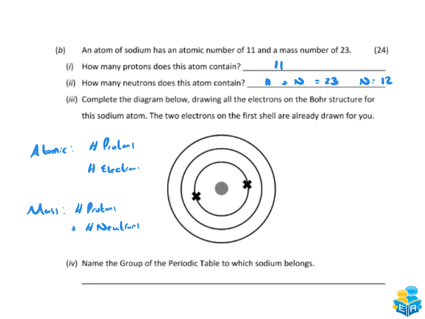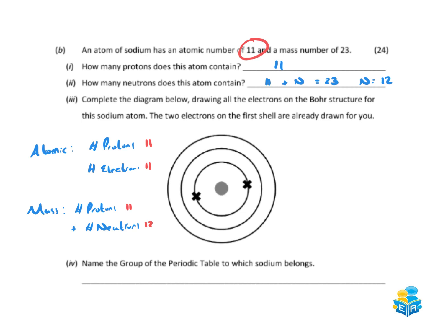Complete the diagram below, drawing all the electrons in the Bohr structure for the sodium atom. The 2 electrons on the first shell have already been drawn for you. Now we know, because of the atomic number being 11, we have to have 11 protons and 11 electrons. Okay, we also have 11 protons down here plus the 12 neutrons to give us the total of 23. So we don't actually have to label the nucleus here in this case, it's just the electrons that we're worried about.